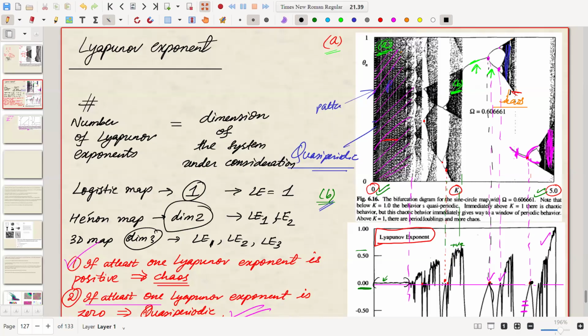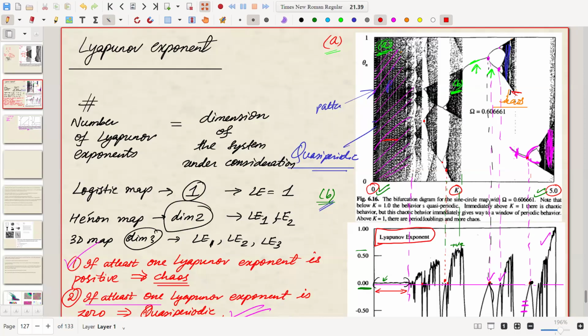There the Lyapunov exponent is 0 and you might feel that it is quasi-periodic, but actually it is just hitting there and coming back. But in this scenario, it is totally 0 throughout the interval. So it is quasi-periodic.